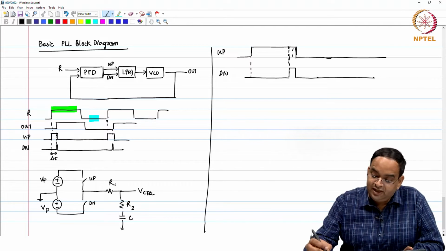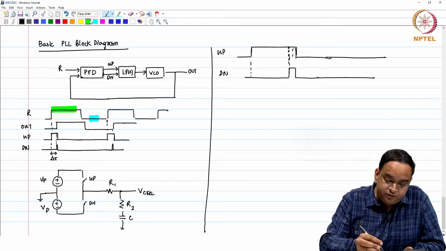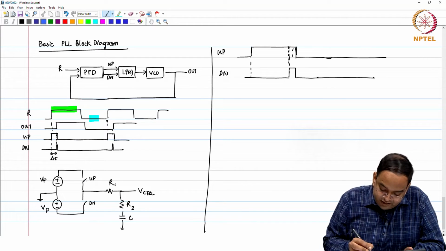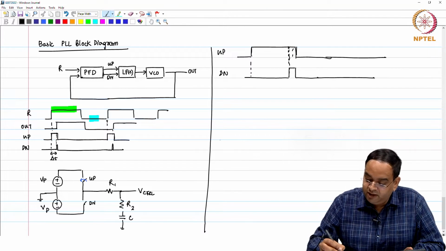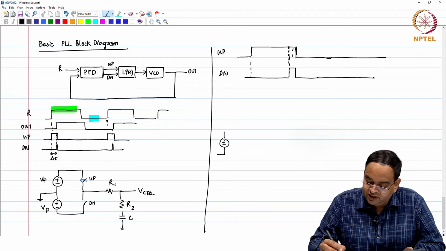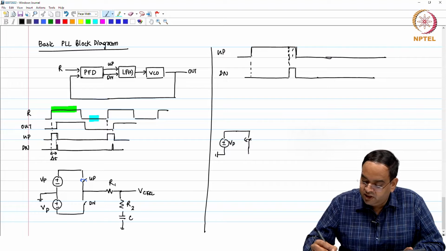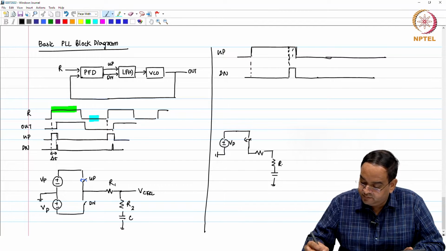When the up signal is high, the switch which is controlled by the up signal gets closed. When the switch gets closed, your circuit becomes like this. Switch is closed, you have this as ground, Vp connects through the closed switch, through R1, R2 and C. This is V control.